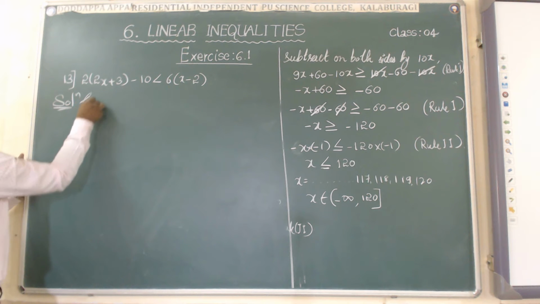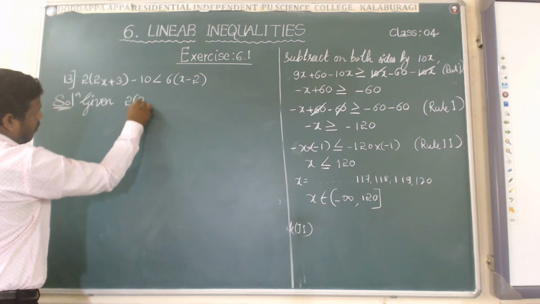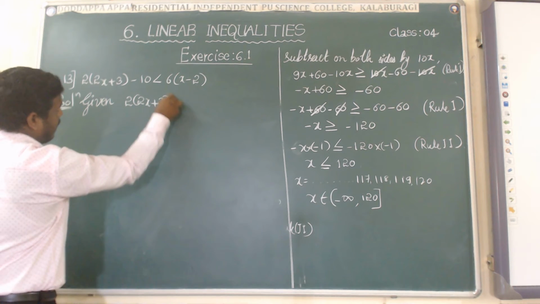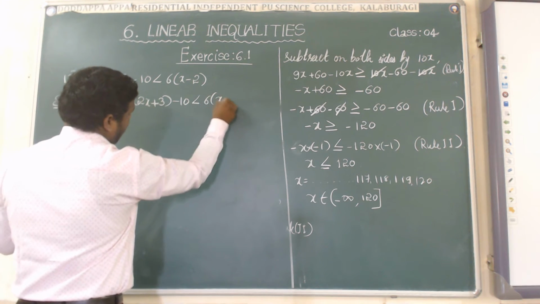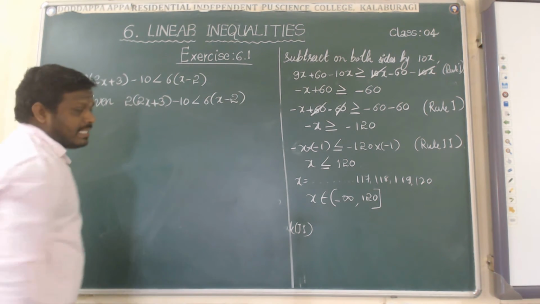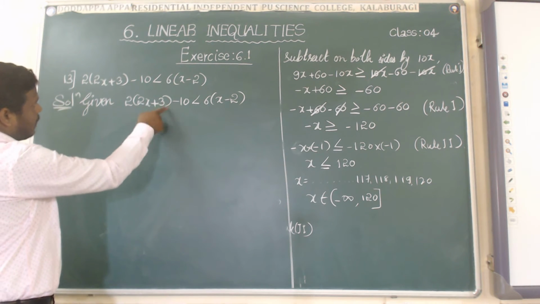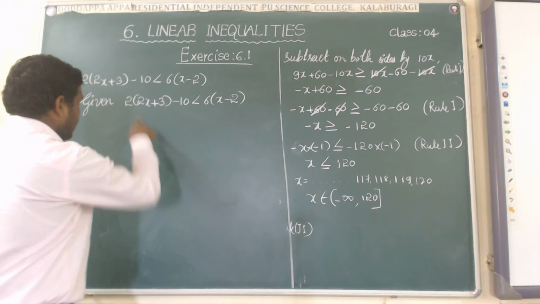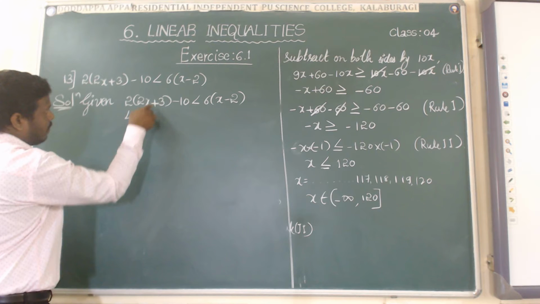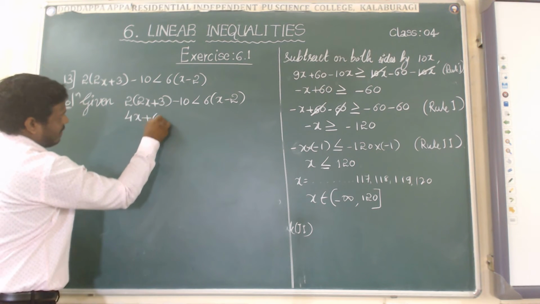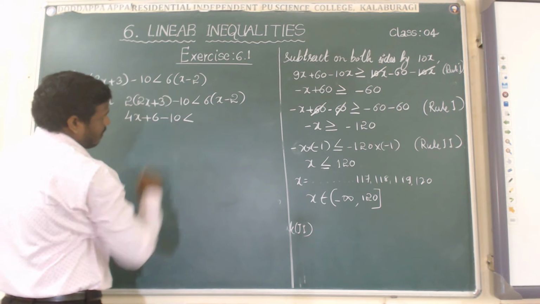Given, I will write first of all: 2 of (2x plus 3) minus 10 is less than 6 of (x minus 2). This is the given question. First of all, multiply 2 with both terms inside the bracket. 2 into 2x, 4x, plus into plus plus, 2 into 3 is 6, minus 10 you write as usual outside, and less than, simply write as usual.